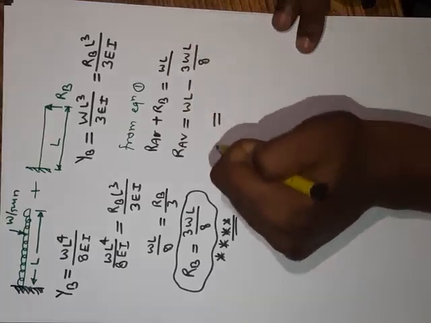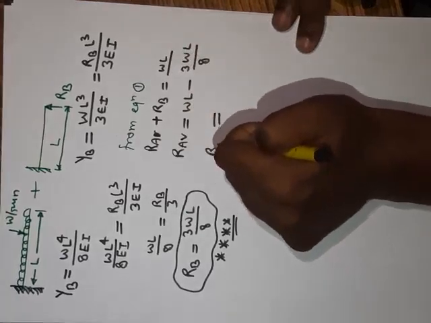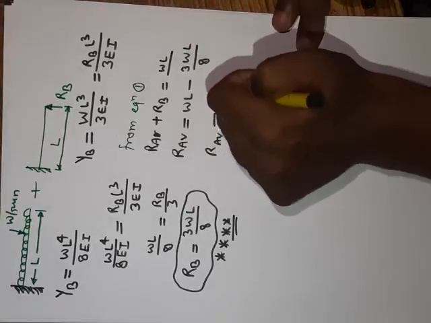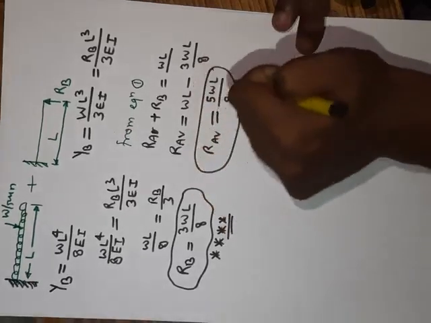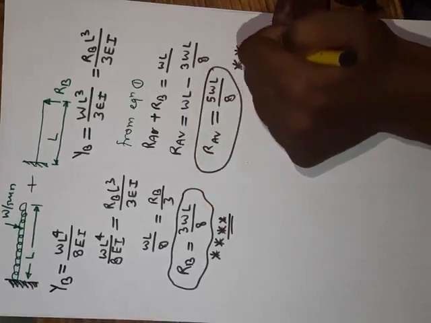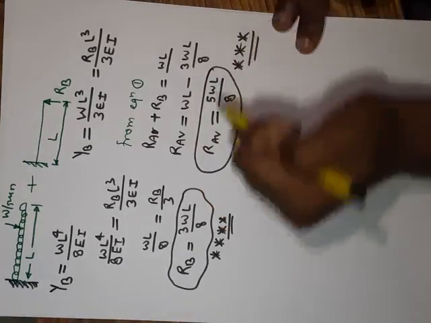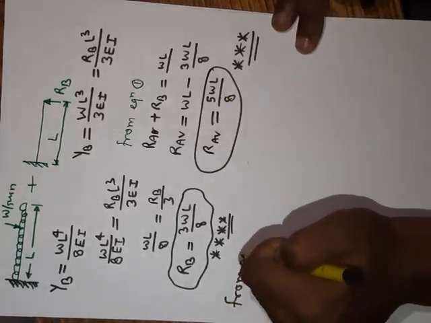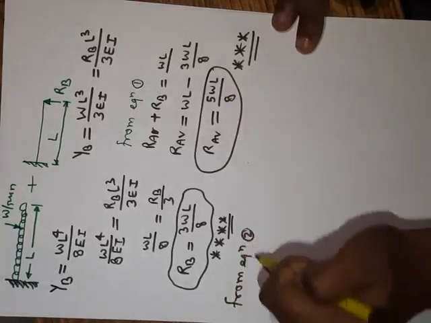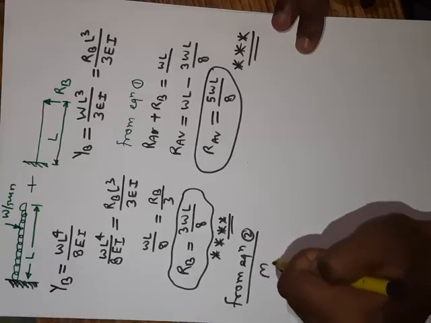If I take 8 as LCM, this comes out to be 5WL by 8, students.